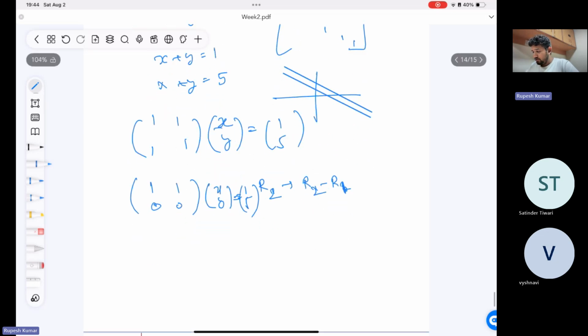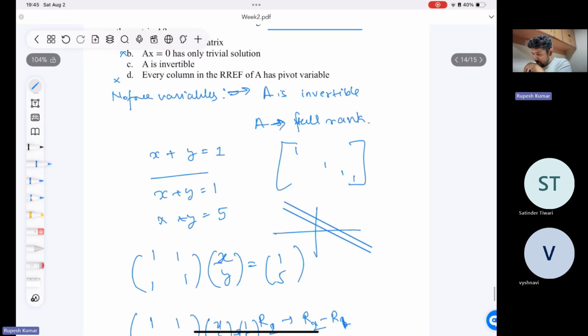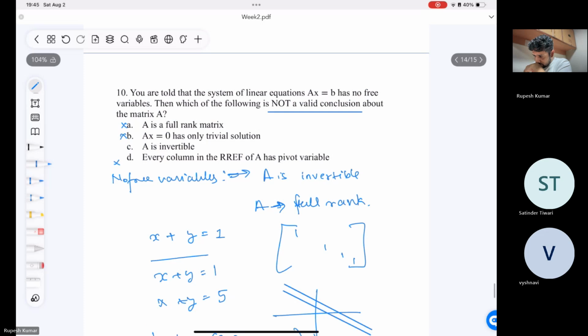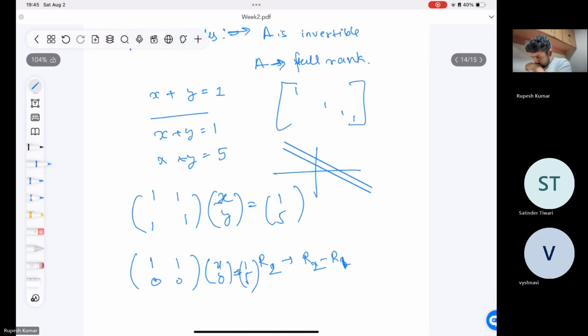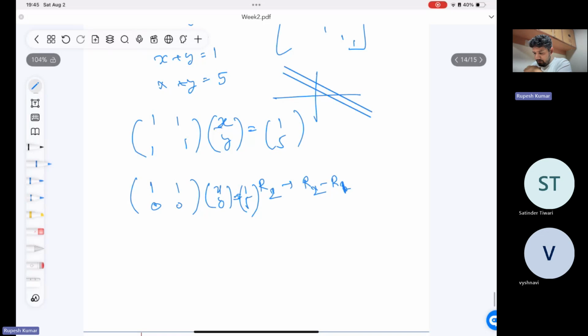You can always do this. So it's not a full rank matrix, so it's not invertible, right? Is this clear, Satinder? At least you can do this row operation, right?